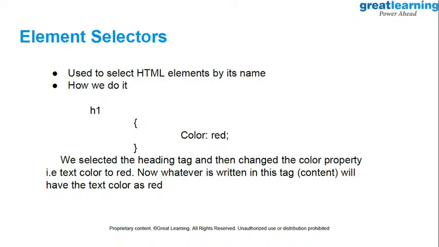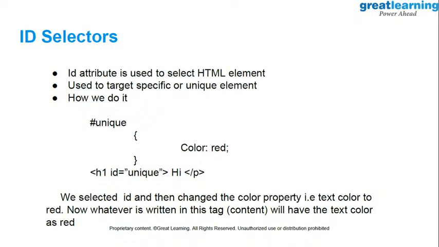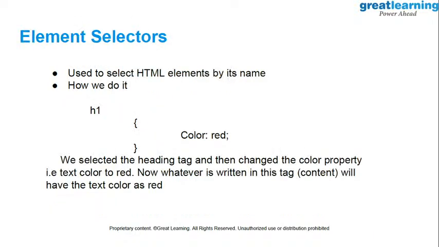Now is there any other way? Yes, we will select with the help of ids. So how will you make an id? Let's suppose you have this p tag, or h1 tag in this case.